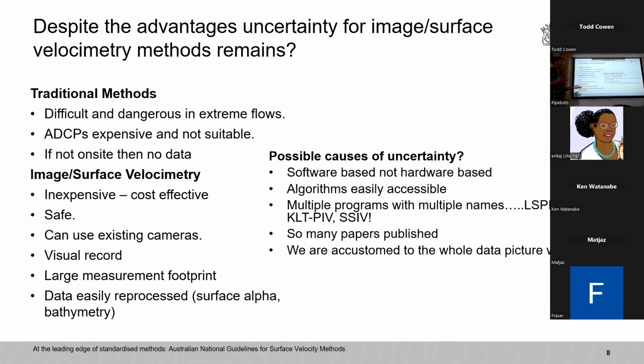For example, LSPIV, GTV, STIV, KLT-PIV, SSIV. They don't tell you very much about what's going on. So as I get onto the standards, we'll concentrate more on the actual underlying methodology, what's going on at the heart of these software programs, not so much the name. But we do find people getting confused with the different methods, and that can affect the results you get.